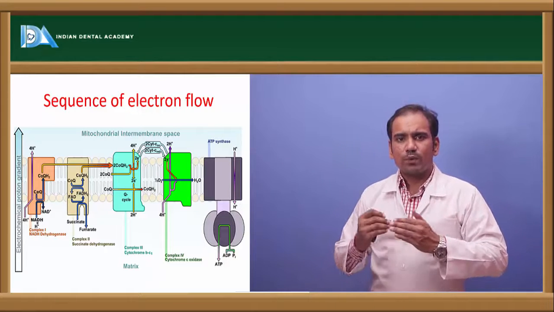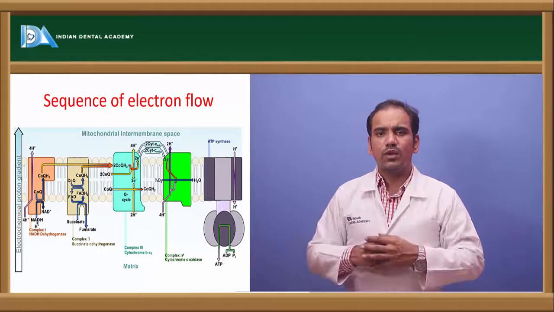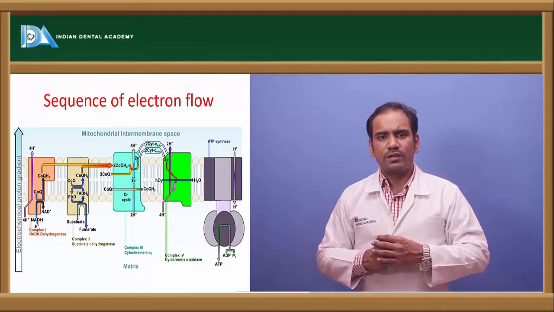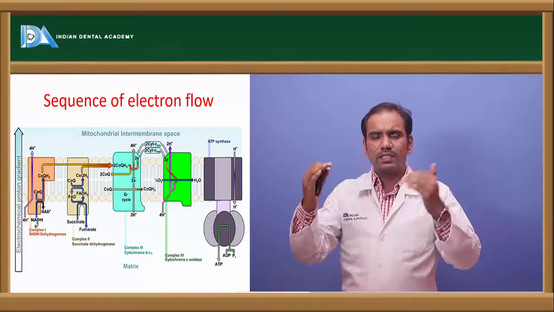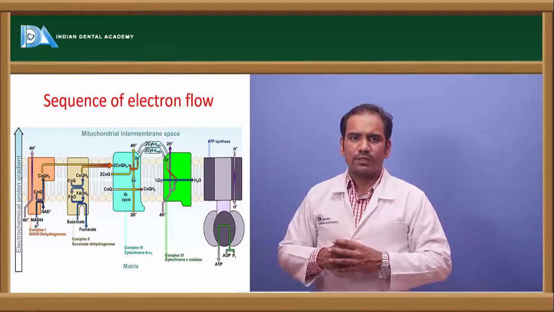Right. So when protons are pumped into the intermembrane space, that creates a gradient called the proton gradient. So that proton gradient, once generated, those protons in the intermembrane space try to come back into the matrix.